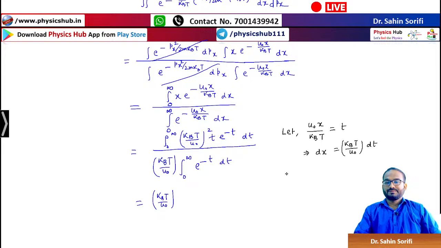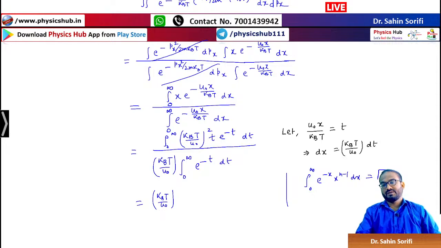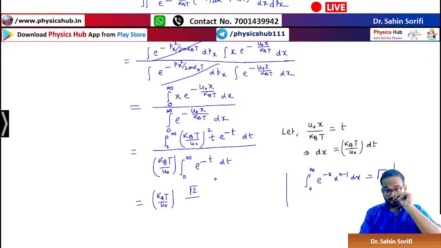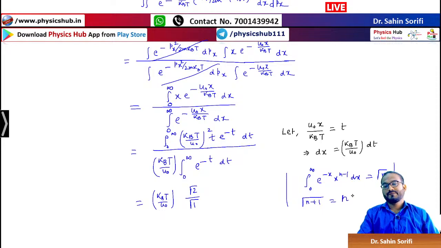You know the formula of the gamma function: the integral of e to the power minus x times x to the power n minus 1 dx is equal to gamma n. So here the numerator is e to the power minus t times t to the power 2 minus 1, so this is gamma 2, and in the denominator 1 minus 1 is 0, so gamma 1. What is the value of gamma 2? Gamma n plus 1 is equal to n gamma n.